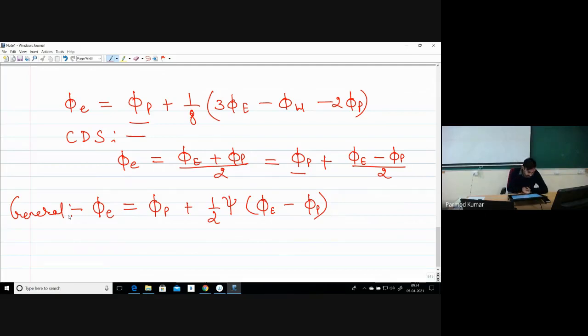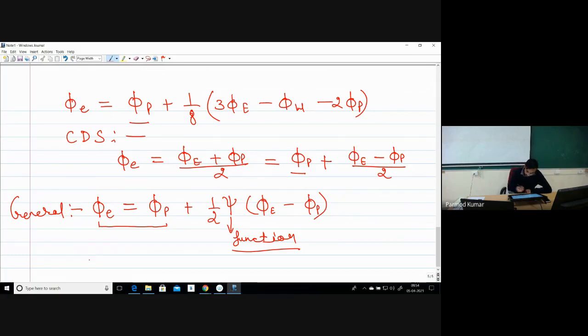That general expression I have written as phi E equal to phi P plus 1 by 2 psi times phi E minus phi P. This psi is some function, and depending upon the individual scheme we have to substitute the value of the psi function here.